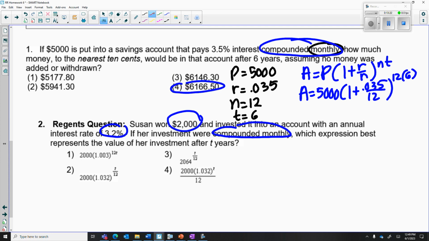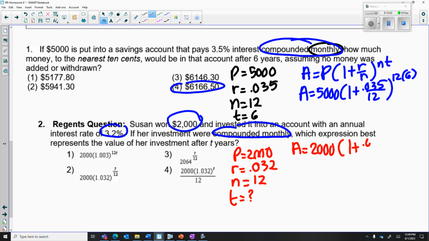And then we're going to have to try to manipulate our response to make it match one of these choices. So the initial amount is the 2,000. The rate is 0.032. Monthly is still 12. And then the time we don't know, so we're just going to write T. We're going to set up our formula in terms of the compound interest. And then we're going to see if we can manipulate it to match.